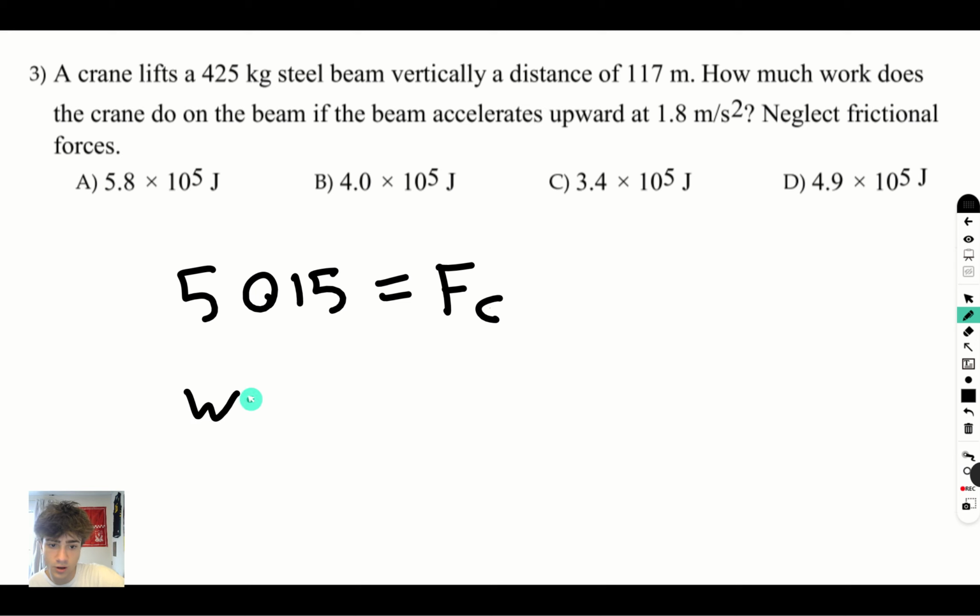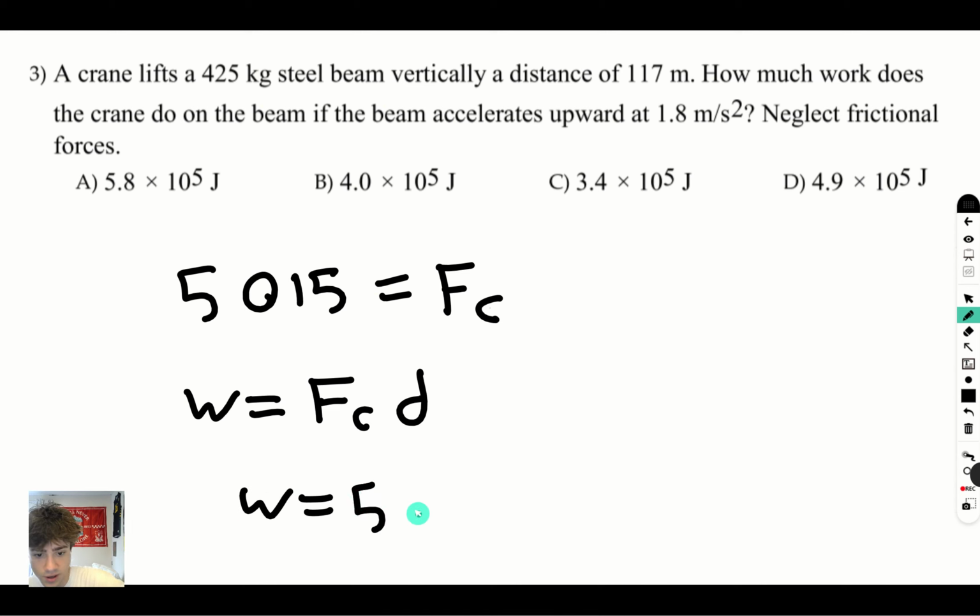And let's rewrite our work equation. It's going to be force of crane times the distance the crane moves it. And as we can see here, that information has already been given to us. So all we have to do is multiply these two numbers, 5,015 times 117, and this will give us our value for the work done on the steel beam by the crane.